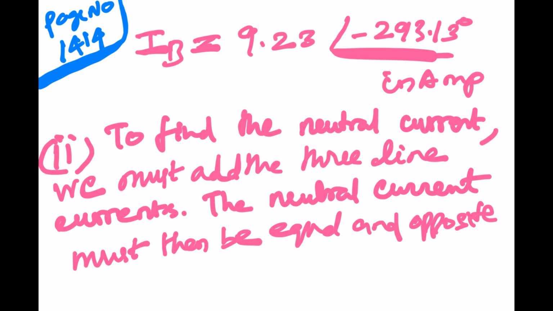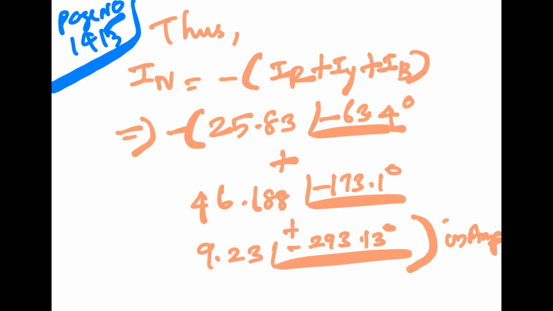To find the neutral current, we must add the three line currents. The neutral current must then be equal and opposite. Thus, IN is minus bracket of IR plus IY plus IB. Put the IR, IY, IB values with the angle.